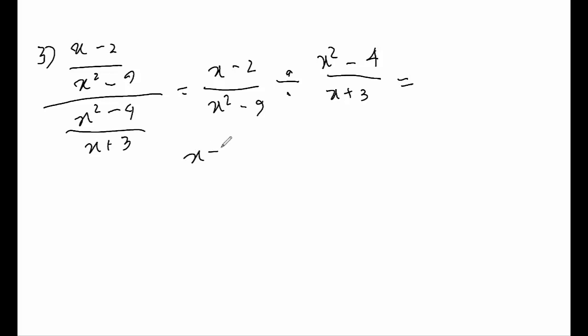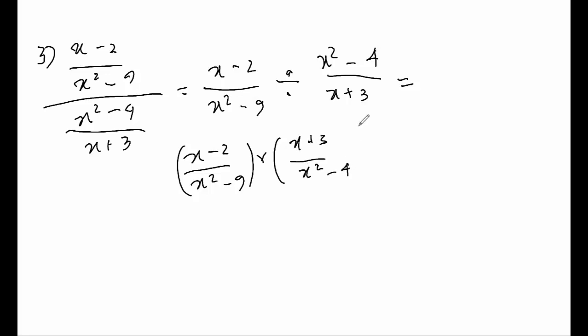So we get x minus 2 over x squared minus 9 times, and I'll put brackets so everything's nice and tidy, x plus 3 over x squared minus 4. So there I have that.